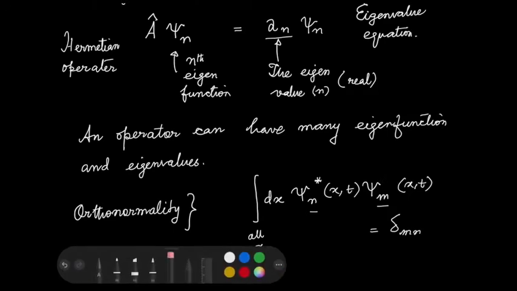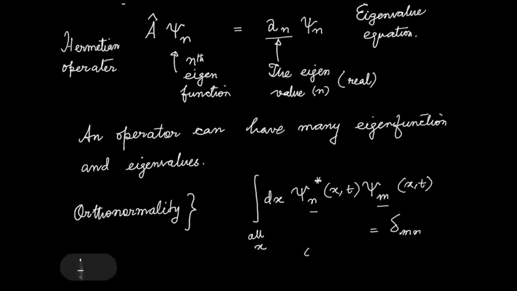It is equal to delta mn. Remember that delta mn is 1 if m equals n and equals 0 otherwise. Okay, so this is called the orthogonality condition. This we will use later.